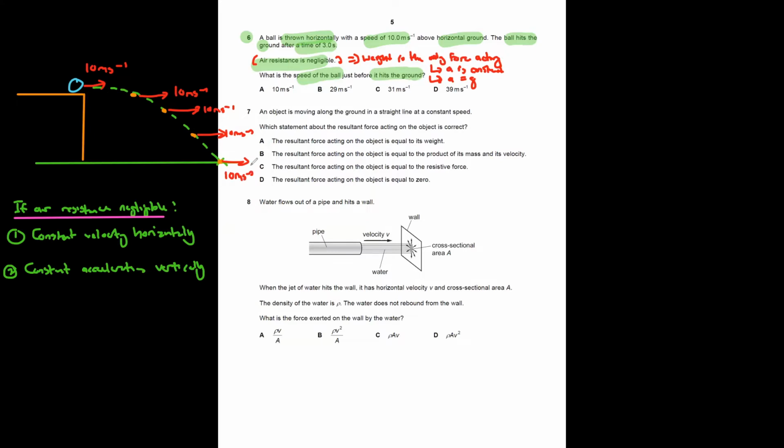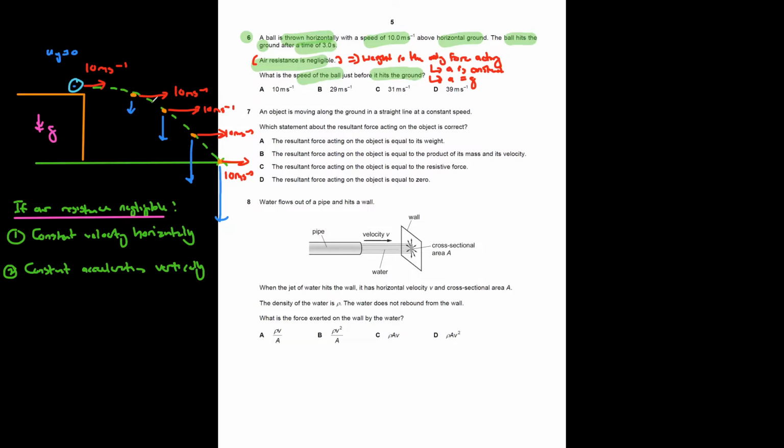But when it comes to your vertical velocity, because you're projected horizontally here, your initial vertical velocity is 0, right at this point. But as your object continues to move downwards, it will start to have an increase in velocity because your acceleration is directed downwards like this.